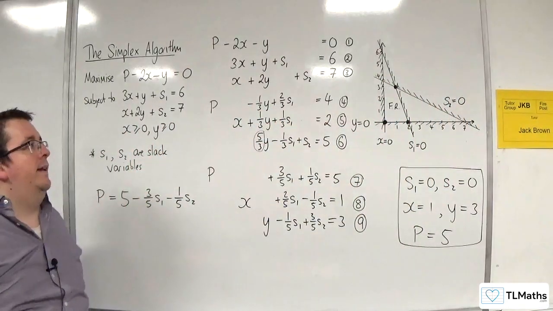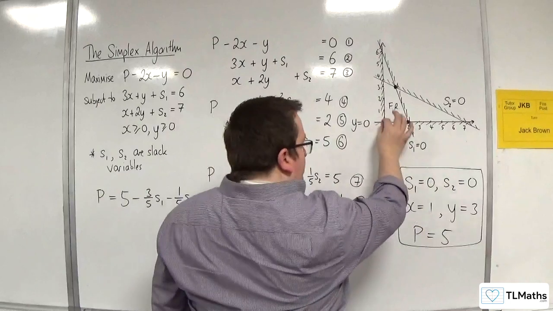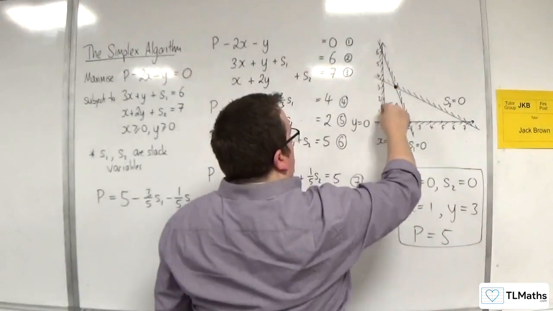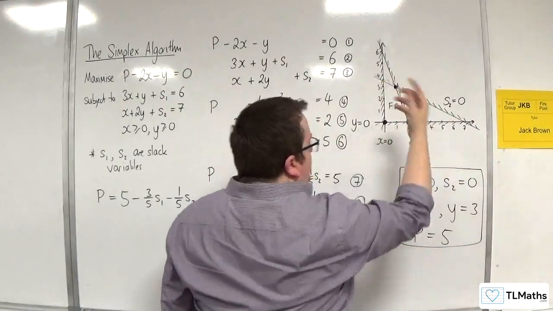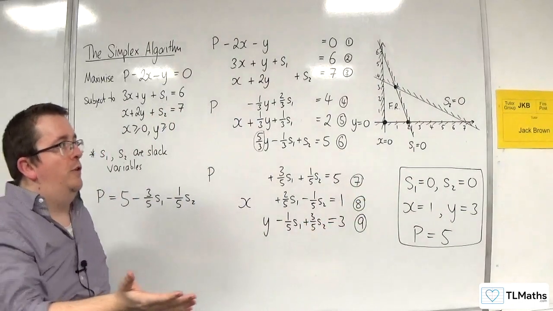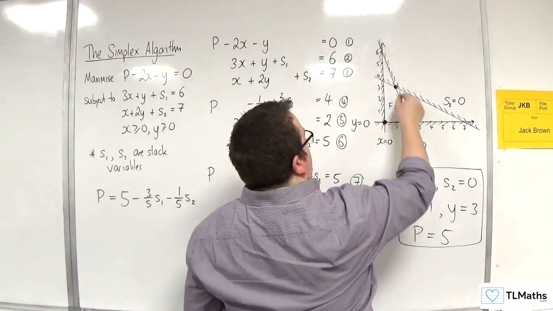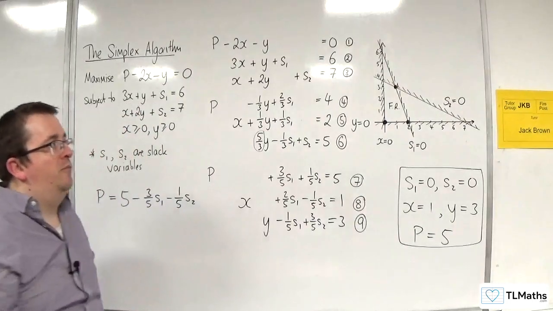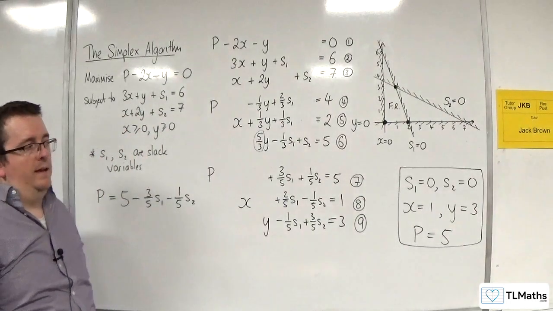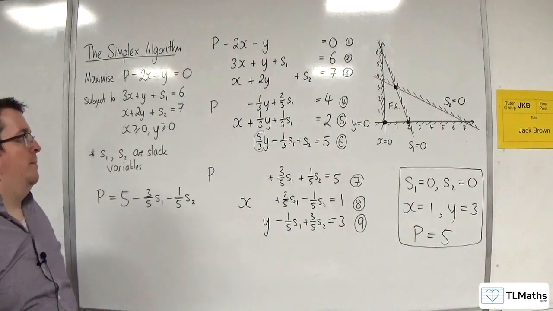Okay, it might go diagonally, but it's going to move along your feasible region to the next corner, determine whether it can be improved or not, and then move to the next corner if it can be improved by moving. Okay, that is the simplex algorithm.